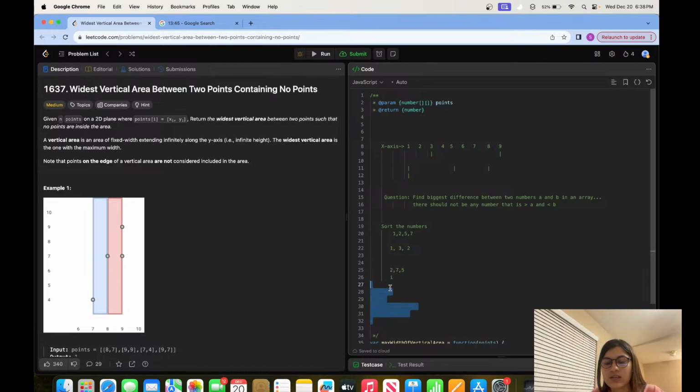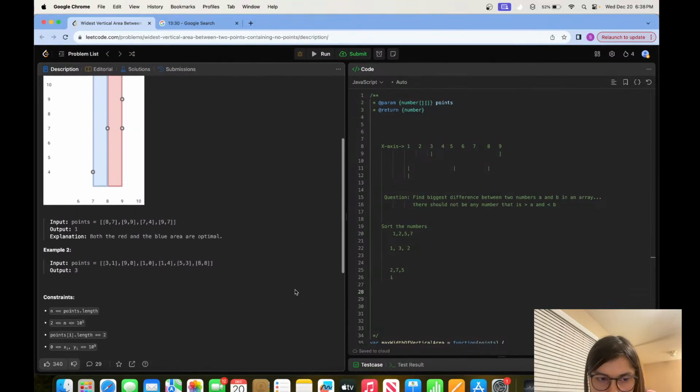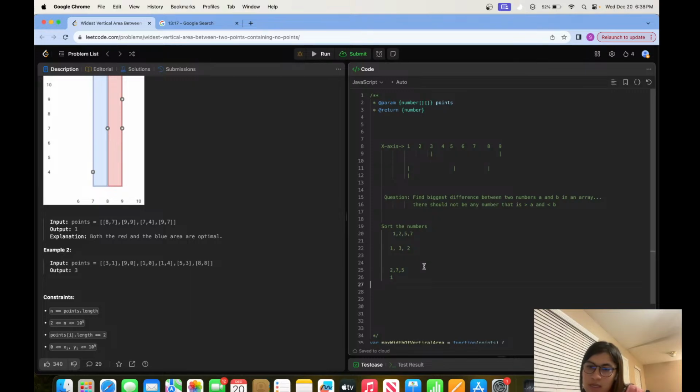I cannot think of anything else other than sorting, because to find the difference between any two numbers, I need to check, for any two numbers, if there is any other number that is greater than a or less than b.